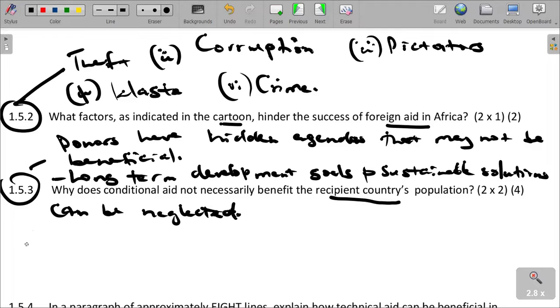Number 3, you can also have problems to do with conditions imposed, foreign practices conflicting with local cultural practices.